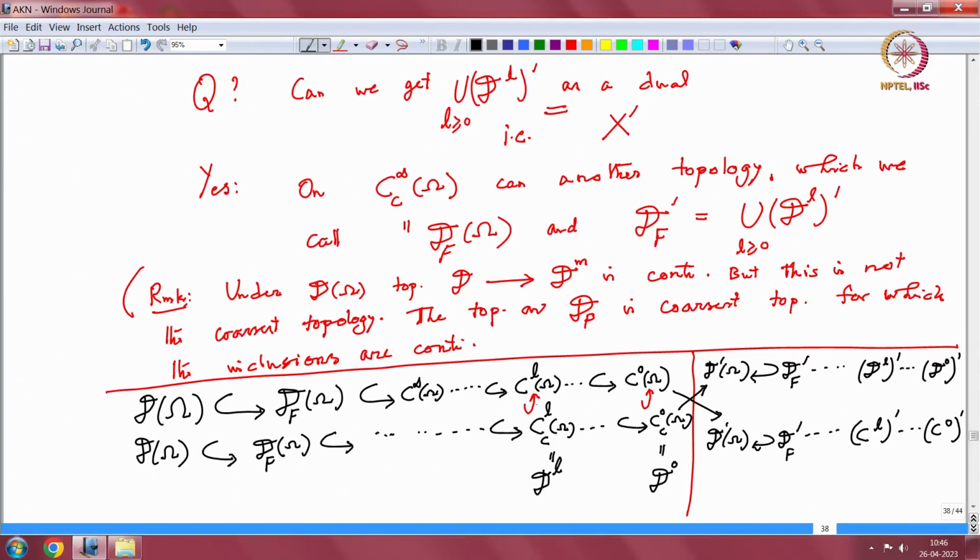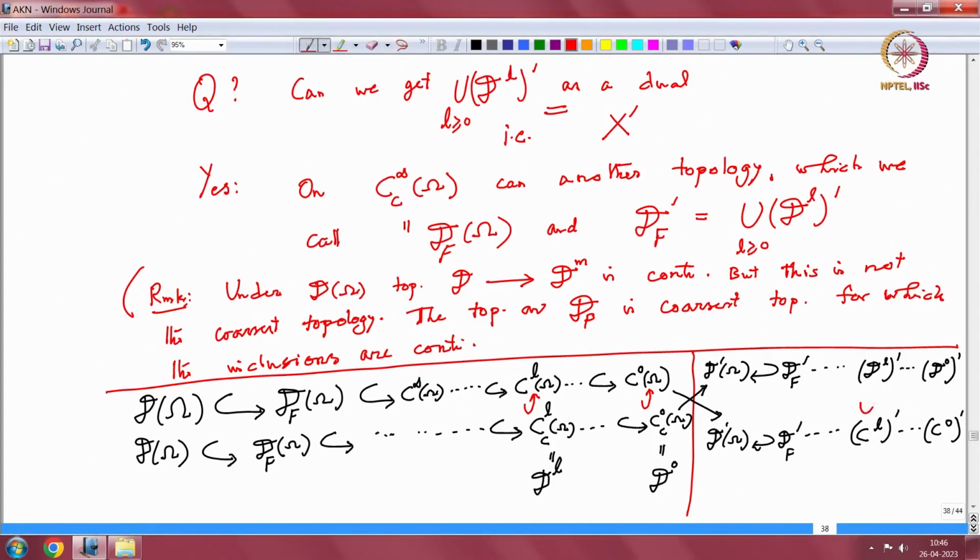And what is this inclusion? C^L contains this one, so that is D_L. So, D_L prime will be bigger. Let me write that in color. Is that correct? This is C^L, so that is not the correct one. Because this is bigger, this will be smaller.